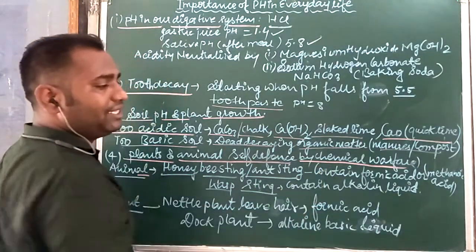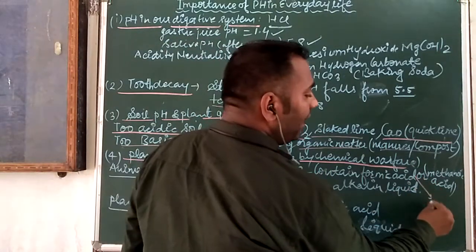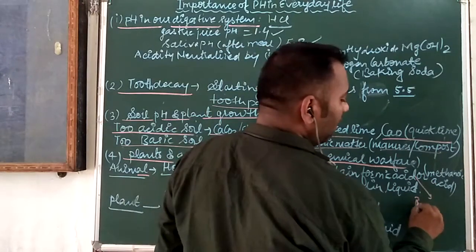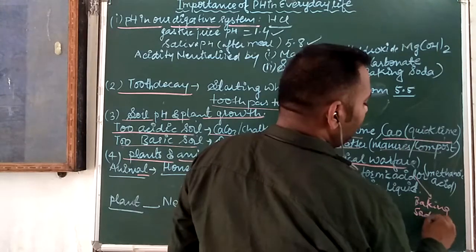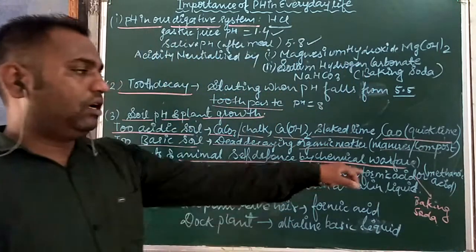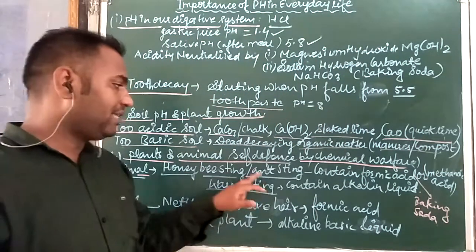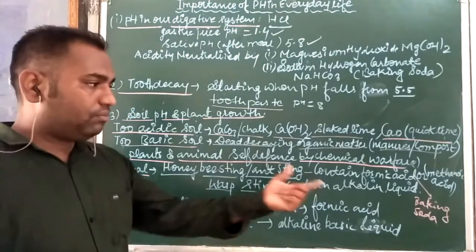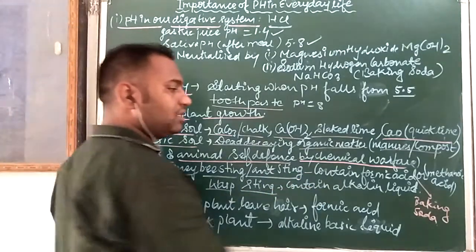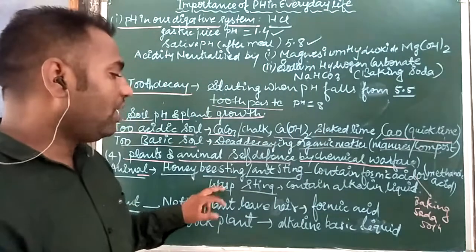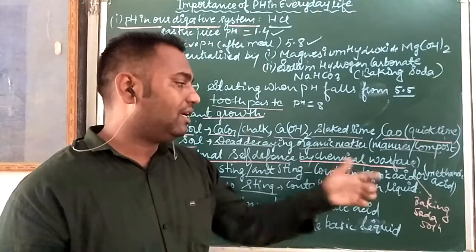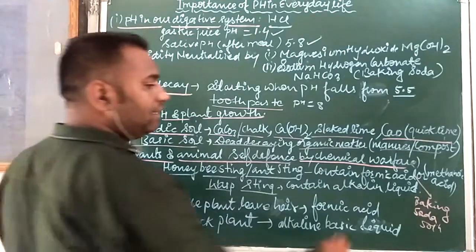So what is the remedy? We add a solution of baking soda, which neutralizes the formic acid from an ant sting or honeybee sting. The wasp sting, also an insect, contains an alkaline liquid.